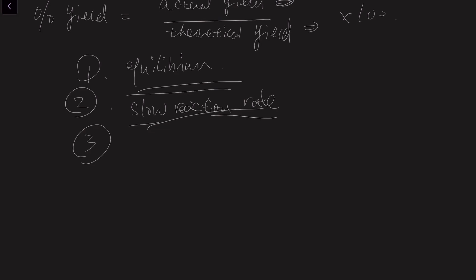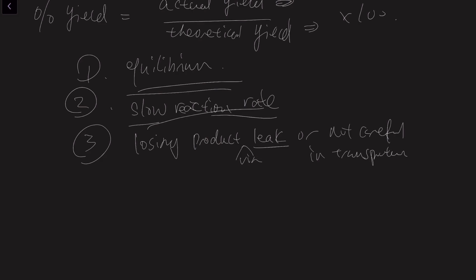And also, maybe you are losing some of the product. If your system is leaking, or you are not careful in transportation, so things like that. So these are human-made errors, essentially.